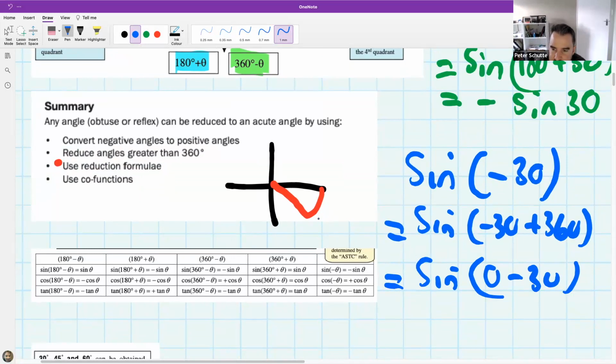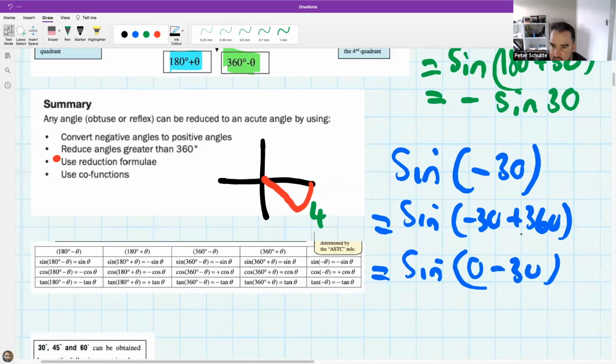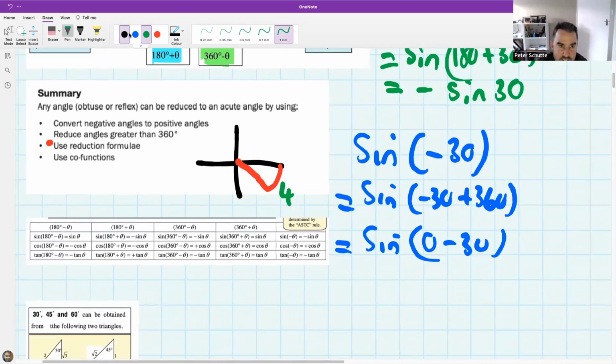The most important thing is that it's not going to be in the first quadrant. It's actually going to be in the fourth quadrant. Andile is saying, minus 30, if you add 360 to it, is the same as the sine of 330, which is like going the other way around. So you're going to end up in quadrant 4.